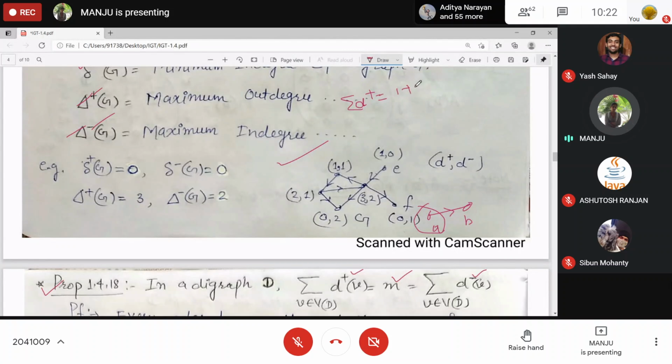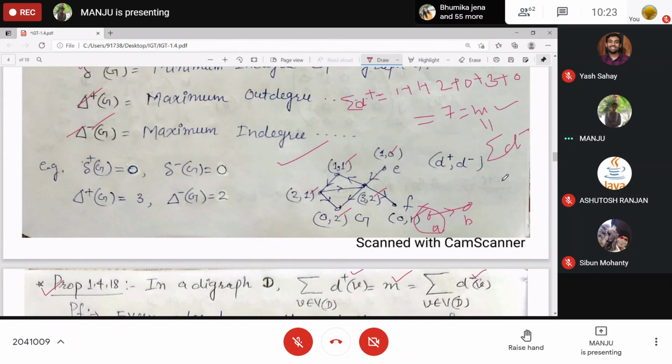So 1 plus 1 plus 2 plus 0 plus 3 plus 0. Are you getting 7? Yes, ma'am. Similarly, in degree: 0 plus 1 plus 1 plus 2 plus 2 plus 1, so this is 1, 1, 4 and 3, 7. Again you are getting 7 as the in degree sum.